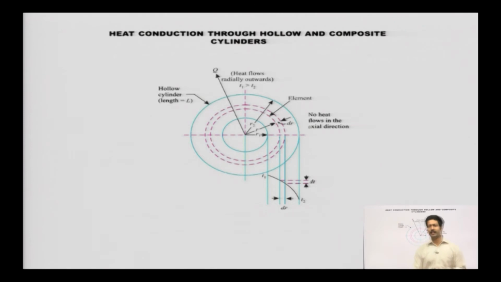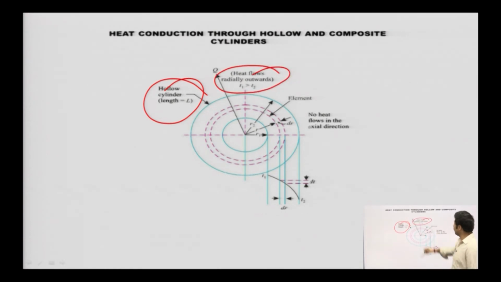So here it is, a hollow cylinder of length L. Heat flows radially outwards. This is the inner radius, this is the outer radius, and if we take an element, the inner radius is r1, the external radius is r2, and from the center the radius of the element is r. No heat flows in the axial direction.